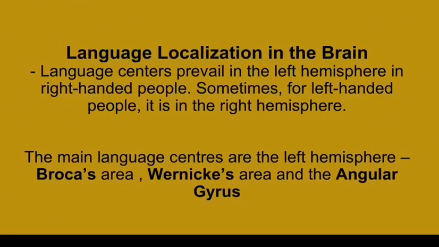Now, Broca's area has the muscles that control speech. So you can see how significant Broca's area is when it comes to language, when it comes to speaking, okay, when it comes to articulation.